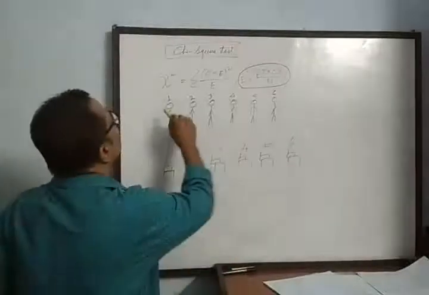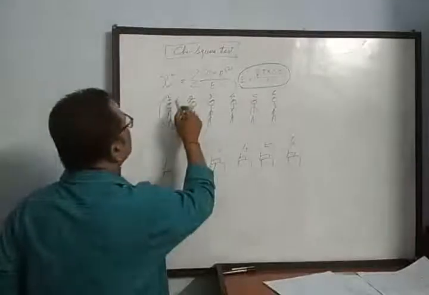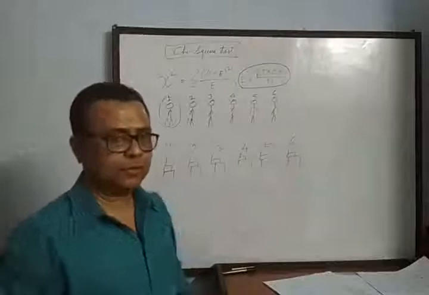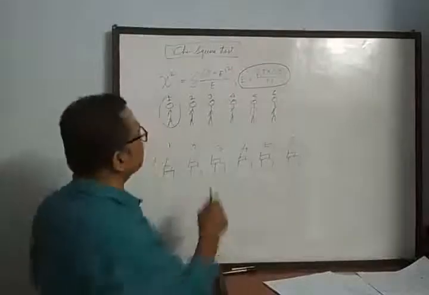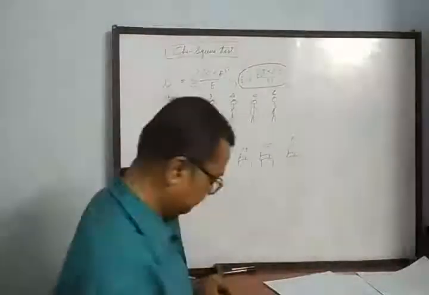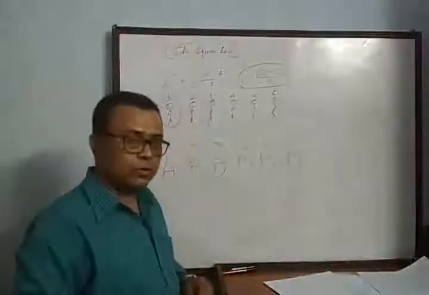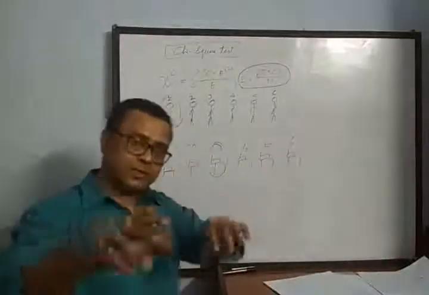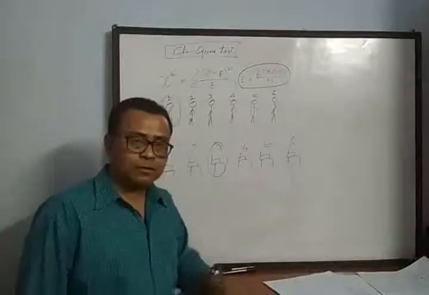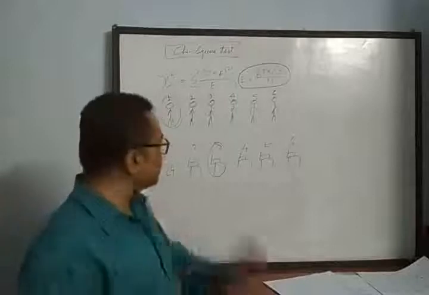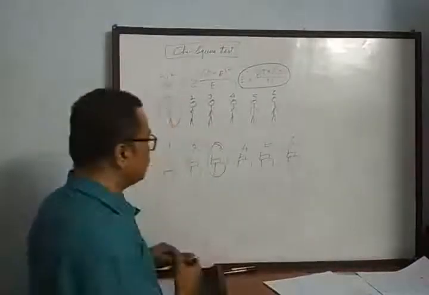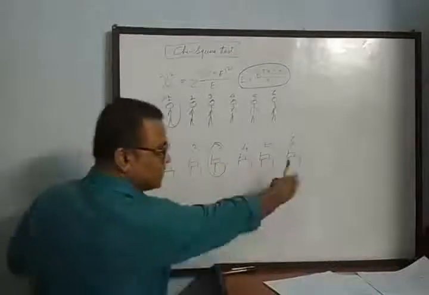So now suppose the first person has chosen a chair. Let's say the first person has chosen the third chair. Now the second person's chance will come. Will the second person have a chance to choose from all 6 chairs?